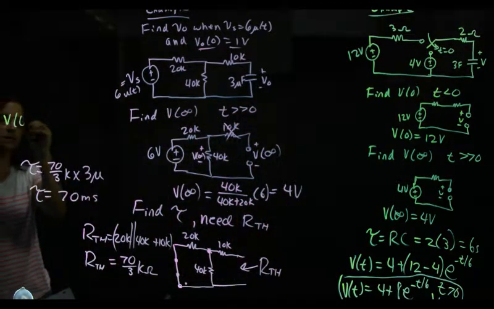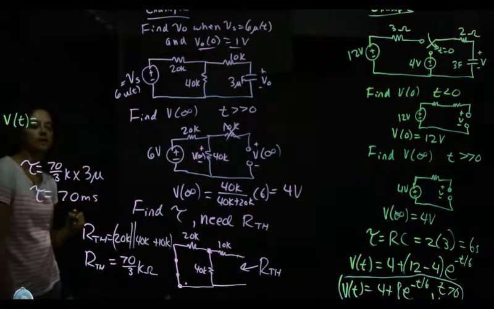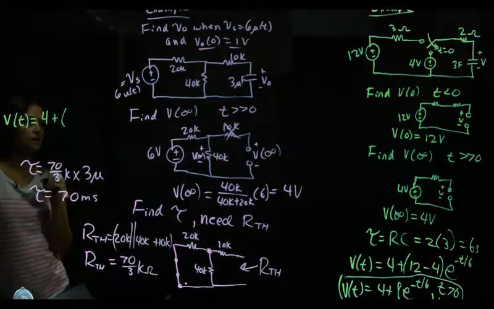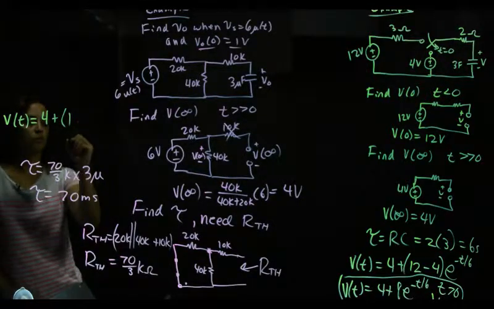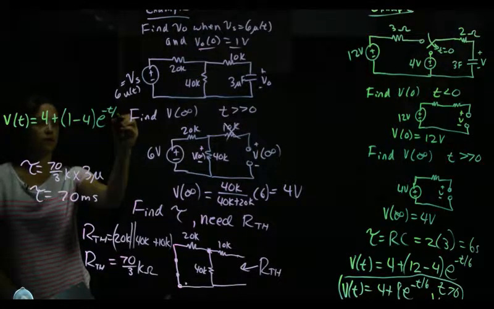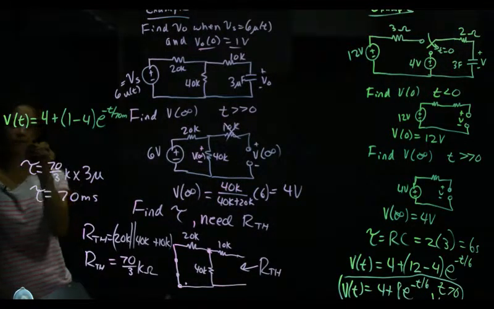Now I have v(t) equals v(infinity), 4, plus v(0), 1, minus v(infinity), times e to the minus t over tau, 70 milli.